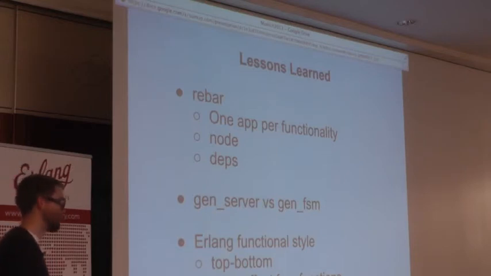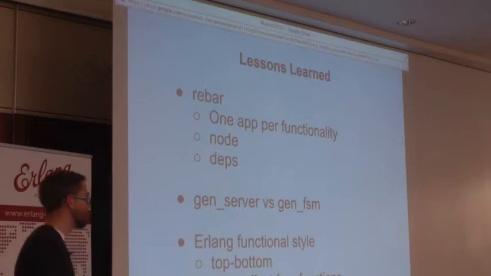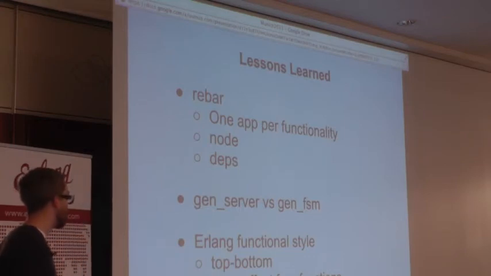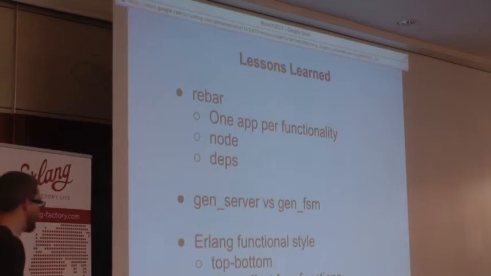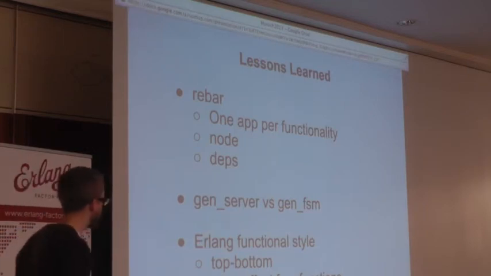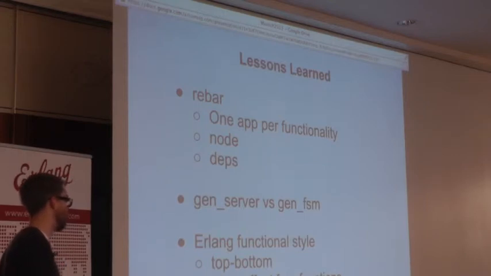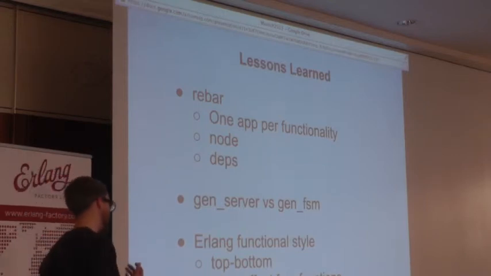The Erlang functional style has really helped us in the backend. The top-bottom approach, where we have a callback function for each request and just use the functional style of Erlang, is really nice. I think we benefit a lot from having a clear separation between side effect-free functions and functions which actually do have side effects.